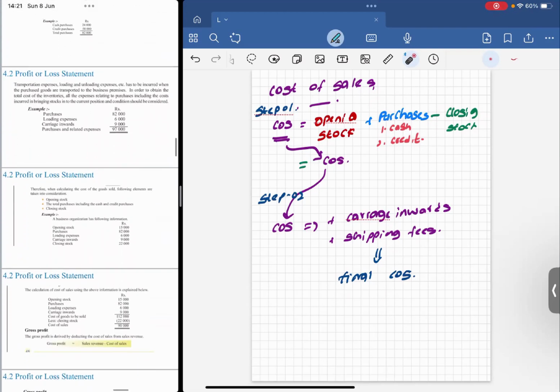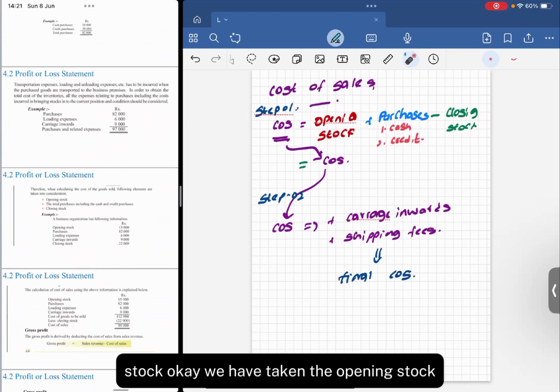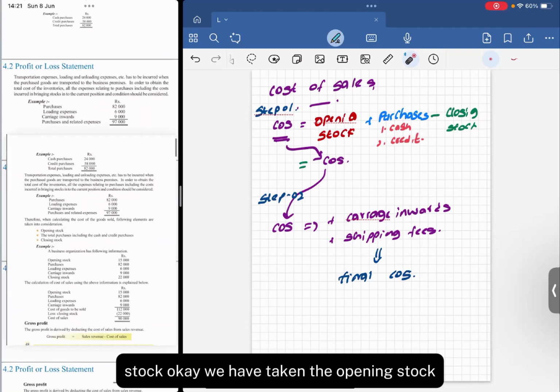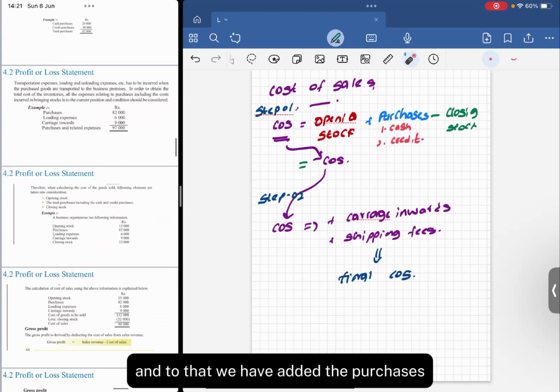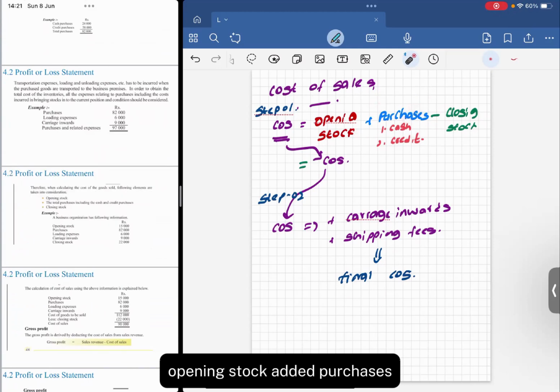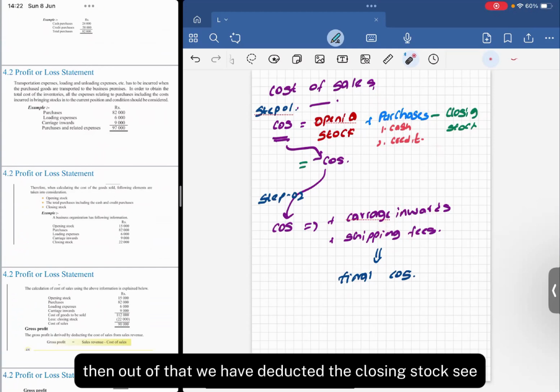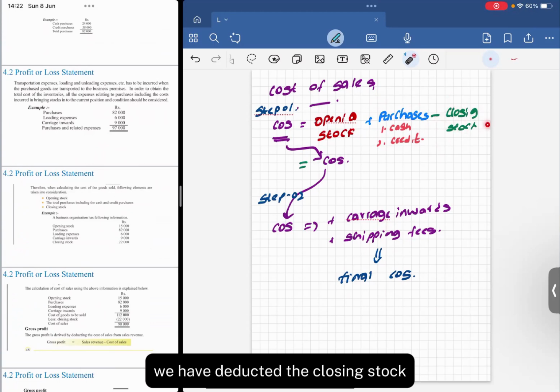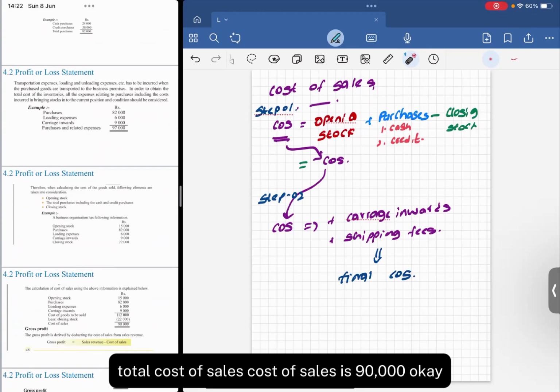We take the opening stock, and to that we add the purchases. Then we add other expenses, loading expenses and carriage inwards. Out of that we deduct the closing stock, and that ultimately gives us the total cost of sales. Cost of sales is 90,000.